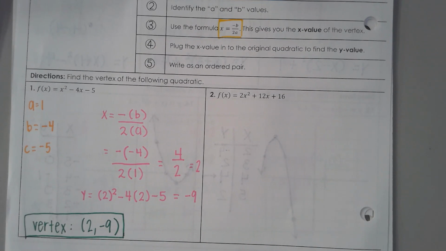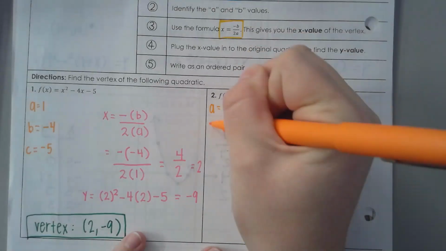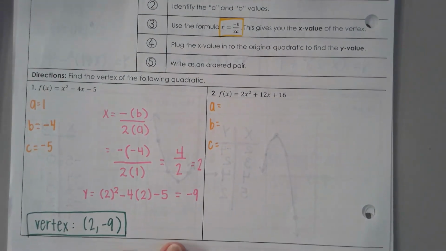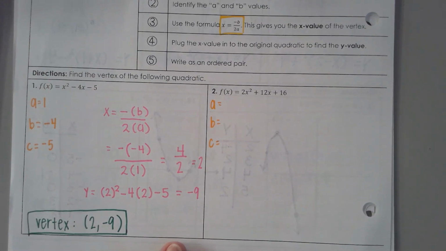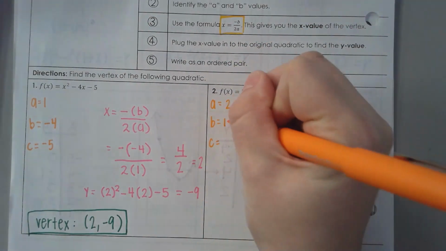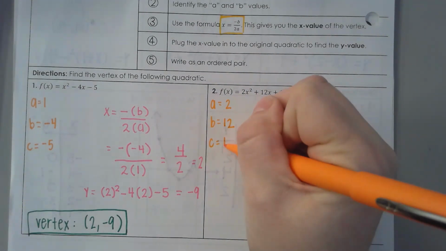Number 2, we'll start by listing out our a, b, and c. What's a? Good. b? Perfect. And c? Good.